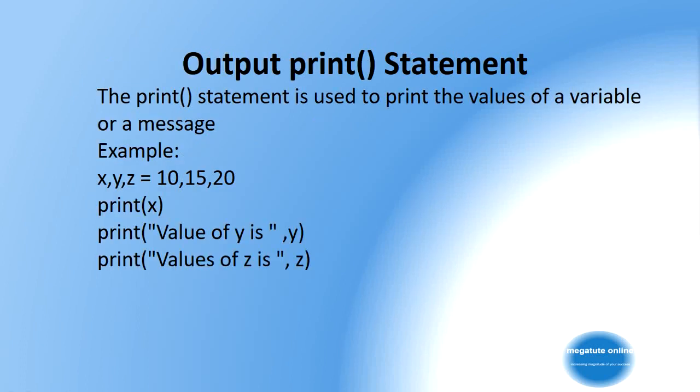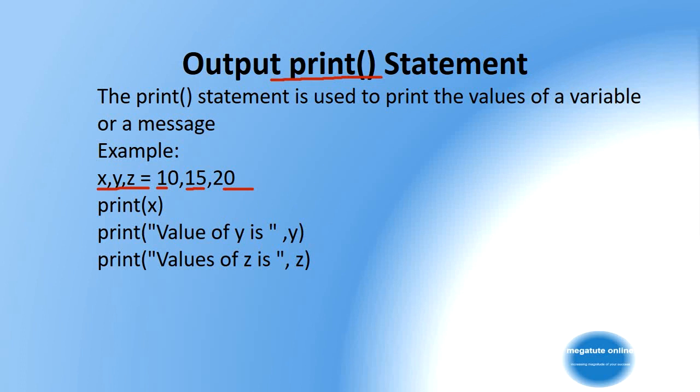The output statement. The output statement in Python is print. Okay. So suppose I have to print something on the monitor, the standard output device, then I need to use the print statement. Let's take an example where I have taken three variables and stored 10, 15, and 20 values to them.